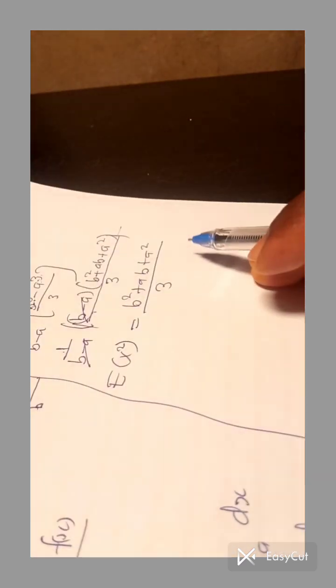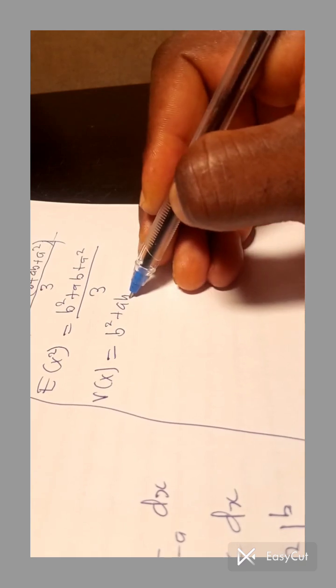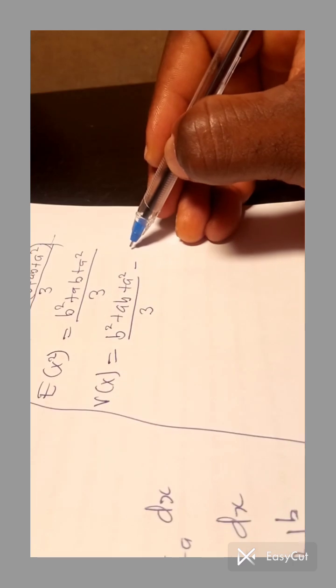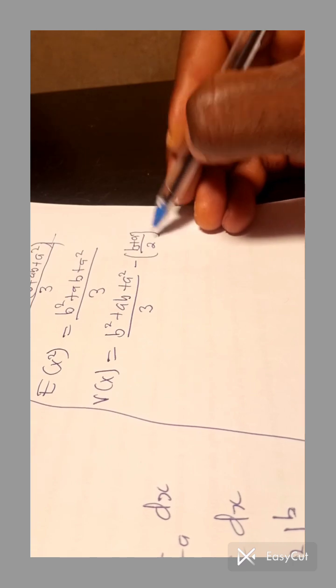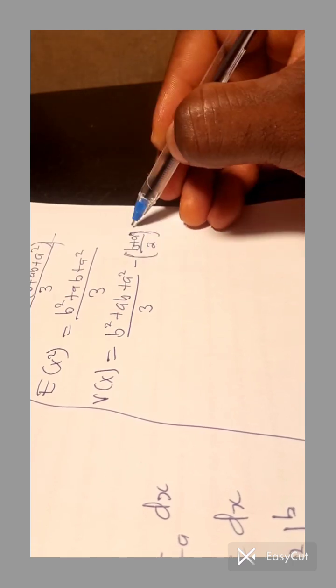Now we have obtained this and this. This is this, and this one here is this. So substituting, we are going to get variance of x equals this particular one, b squared plus ab plus a squared over 3 minus, we have b plus a over 2, that is going to be all squared.